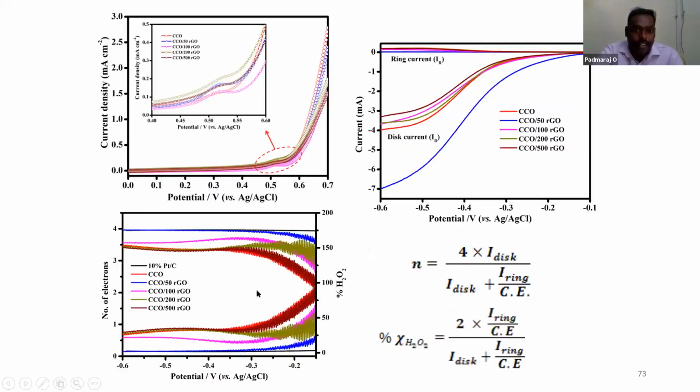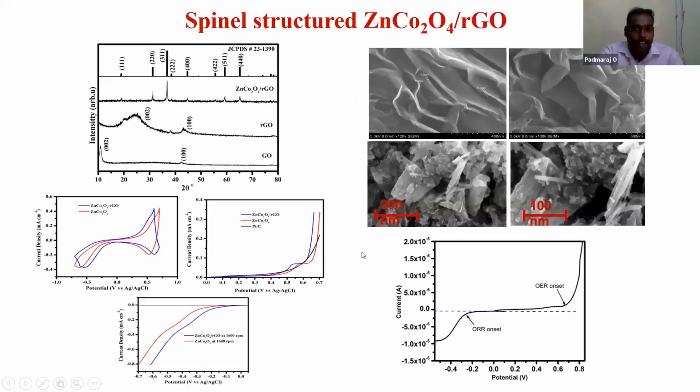Here, there is a ring current and a disc current. I want to find the number of electron transfers and the percentage of hydrogen peroxide production. This is the general formula to find the number of electron transfers and the percentage of hydrogen peroxide production. Similarly for the other compound, the spindle structured compound, I have studied the structural properties and surface morphology.